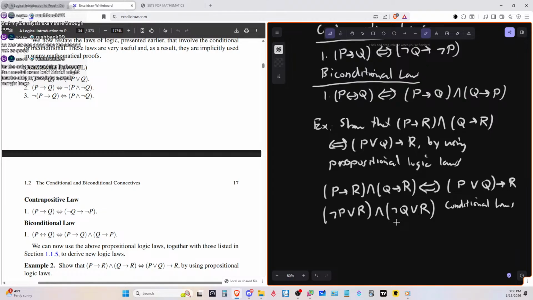Okay. So now we can do the distribute, because I think we got to get the R out of there.